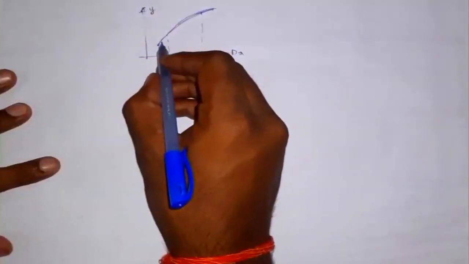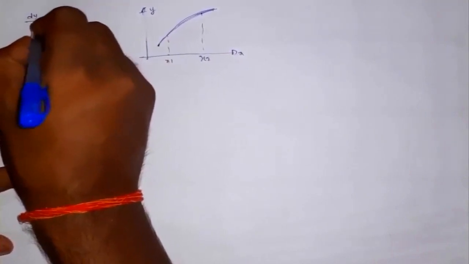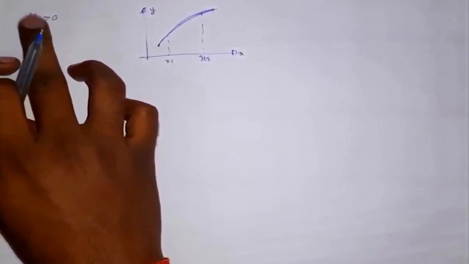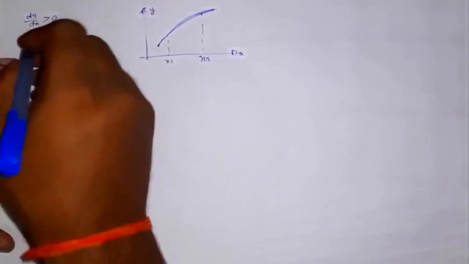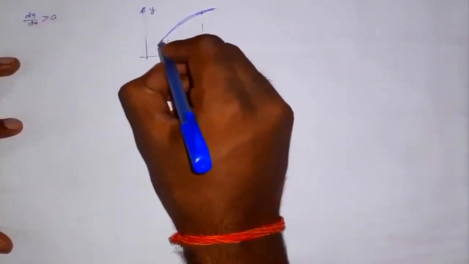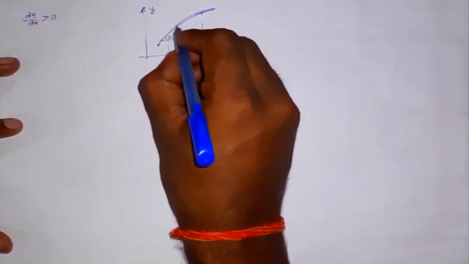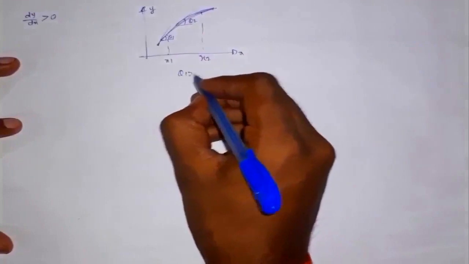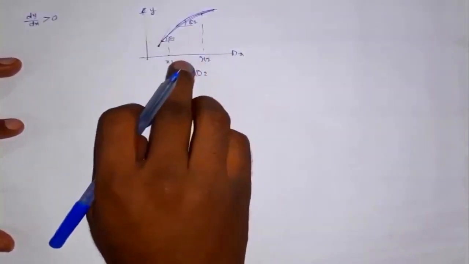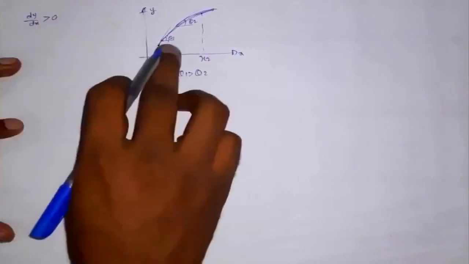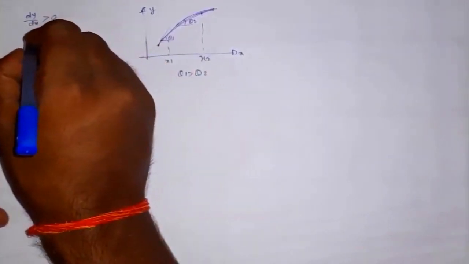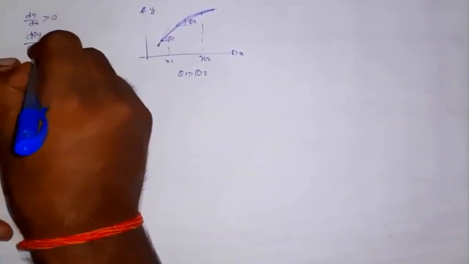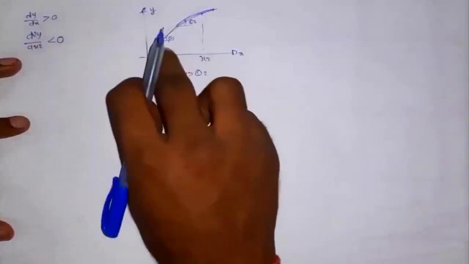So from this, you can say that dy by dx will be positive because this function is continuously increasing. But the slope is continuously decreasing because here is theta 1, here is theta 2, and theta 1 is greater than theta 2 by observation. So the slope is continuously decreasing. That means d2y by dx square will be negative.